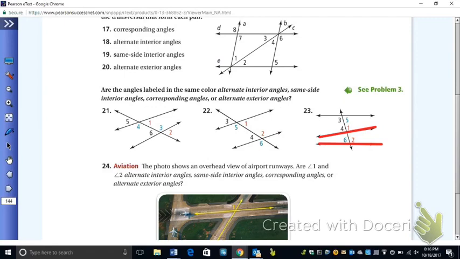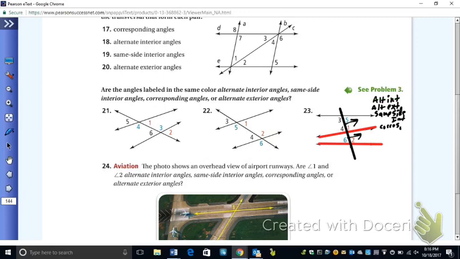So, those are my 2 lines. That's my transversal. I'm switching colors for this one. And I'm looking at 1 and 2. Now, they have to be one of 4 pairs: alternate interior, alternate exterior, same side interior, or corresponding. So first things first, they are both on the same side of the transversal.